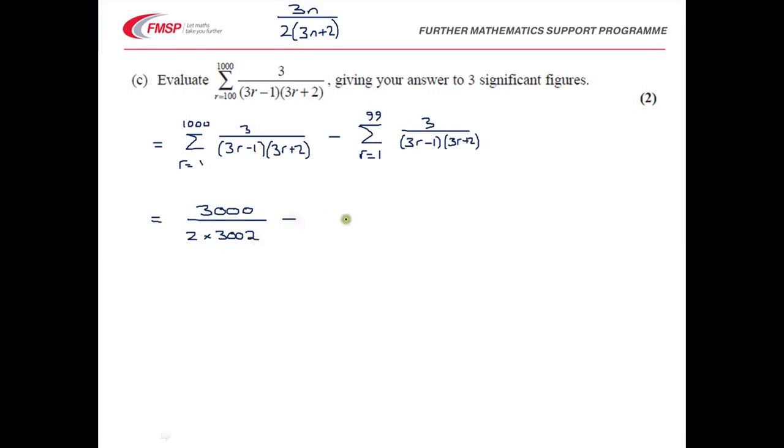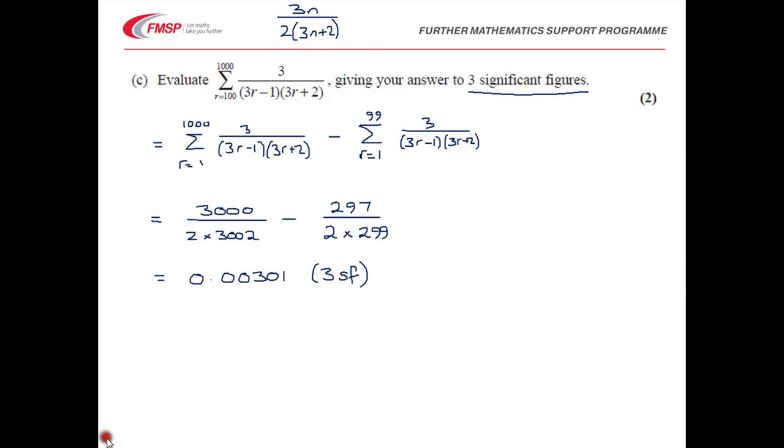Take away 3 lots of 99 is 297 over 2 lots of 297 plus 2, which is 299. Putting those into a calculator gives me an answer of 0.00301 to 3 significant figures, which you may remember was required in the original question. It's up there, isn't it? 3 significant figures. I underlined it when we looked at it on the first page.